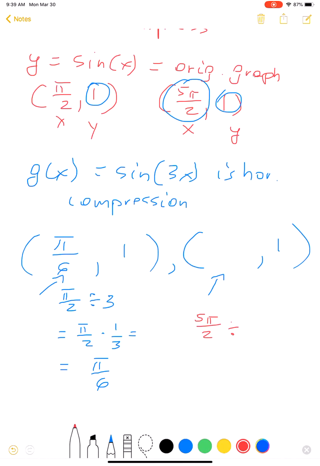Why are we dividing by 3? Going back to our original function, we have sine of 3 times x. So technically, to get our x, we need to divide by 3. So you're getting 5 pi over 2 times 1/3, which is 5 pi over 6.